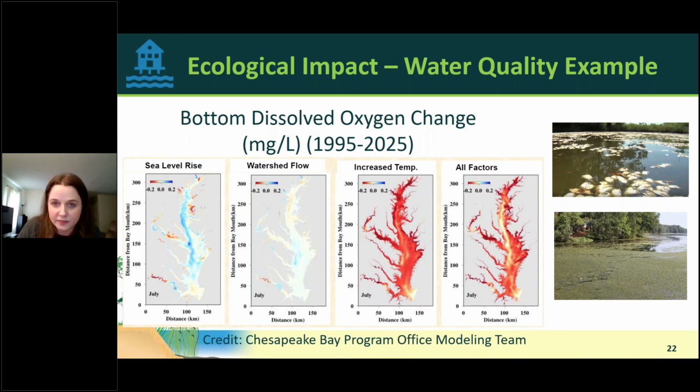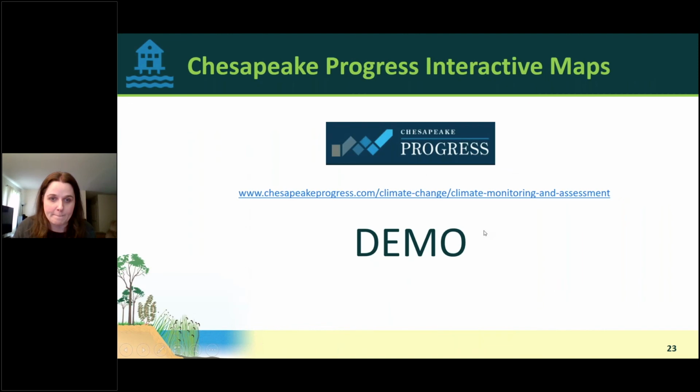Most areas are going to be negatively influenced by climate change. And they're finding that with our current measures, we're going to see the majority of the segments that we're trying to restore in the Chesapeake Bay not meeting water quality standards for dissolved oxygen. And so this is where now we have to make some decisions to figure out what other practices we can put in place that will help with this temperature issue.